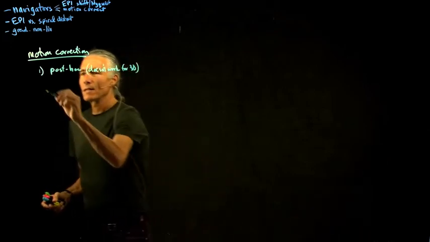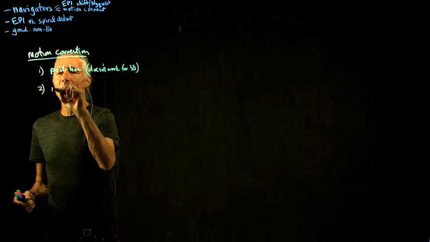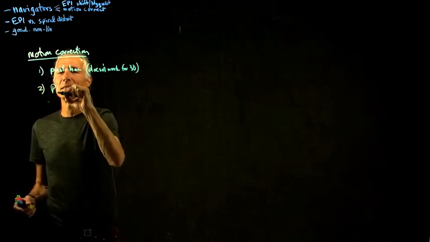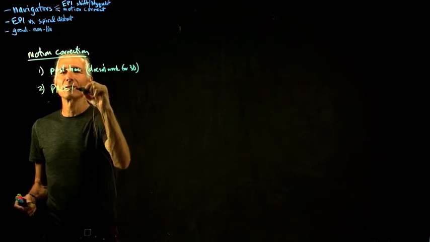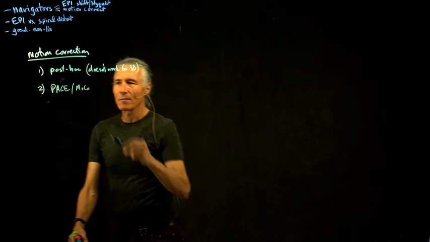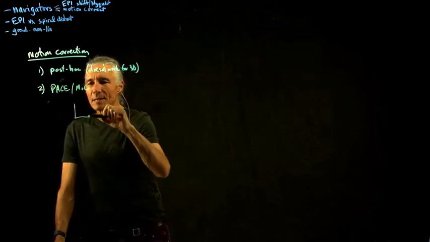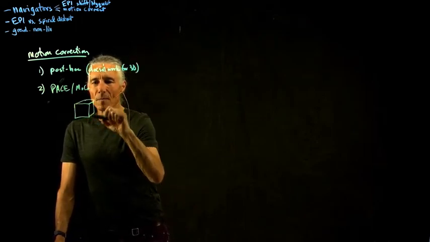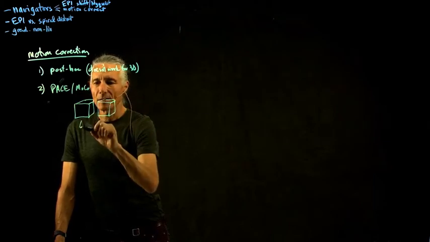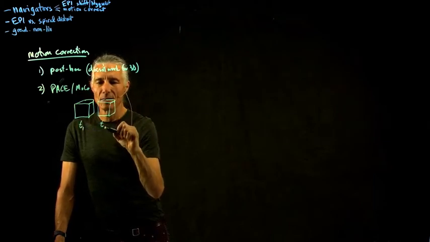So then there was this, what's it called? PACE? I think it's called PACE. Motion correction on the Siemens scanners. And the way that one works is a little bit less far behind. So the idea is you collect a volume at T1, and here's T2.